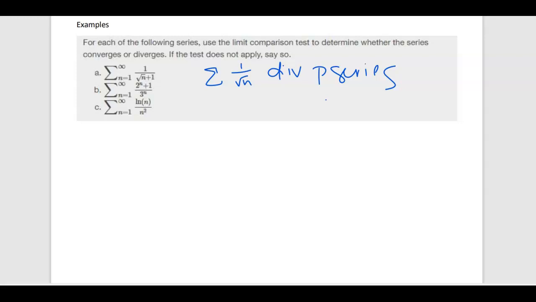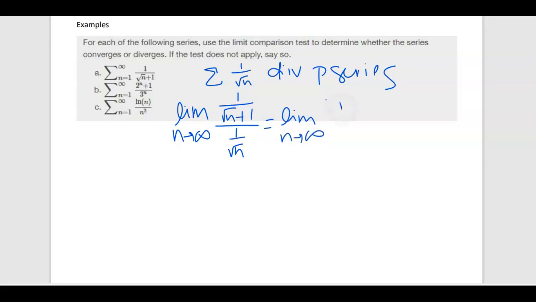All right, so I'm going to take the limit as n goes to infinity of my a sub n over the series that I know converges or diverges. Well, that's the same algebraically as 1 over square root of n plus 1, and then I'm going to multiply by the reciprocal.